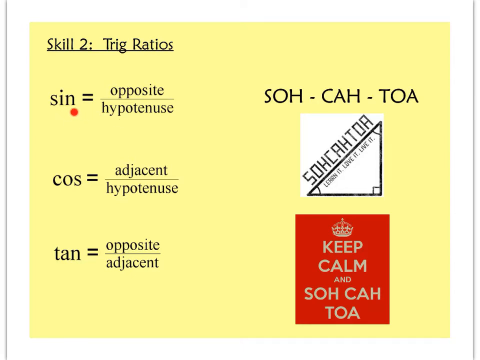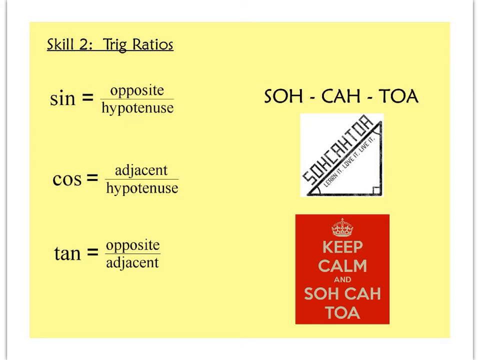So these ratios, I use the sine ratio when I have the opposite side and the hypotenuse. Okay, the order and where all this goes matters, but we're going to do that in just a second. First, we're going to learn when to use these things. So I use the sine ratio when I have an opposite side and a hypotenuse side from an angle.